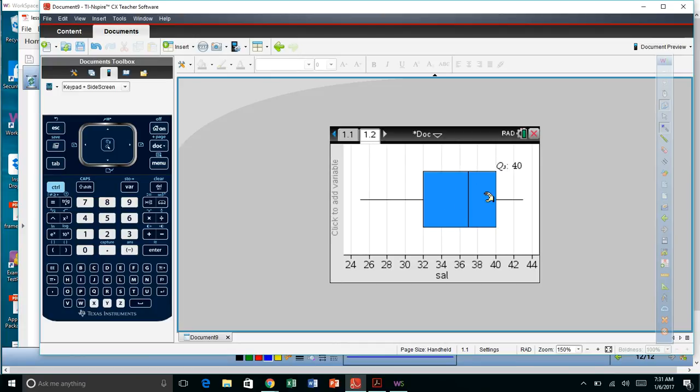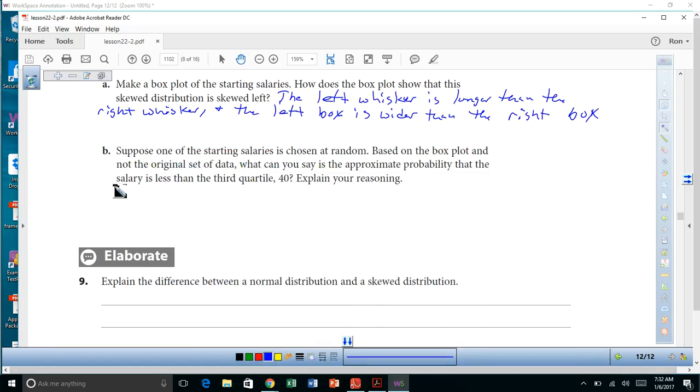That's 25% of that. That's 75% of the data, or that's 25%. And so each one of these is 25%. So if it's going to be less than 40, that means it's going to be 75%. There's a 75% chance that it will be less than 40, or Q3.